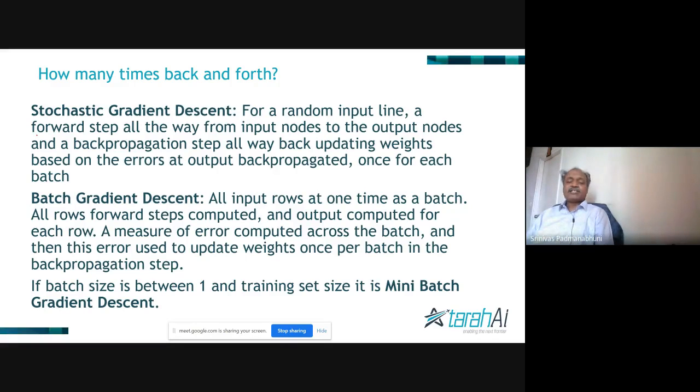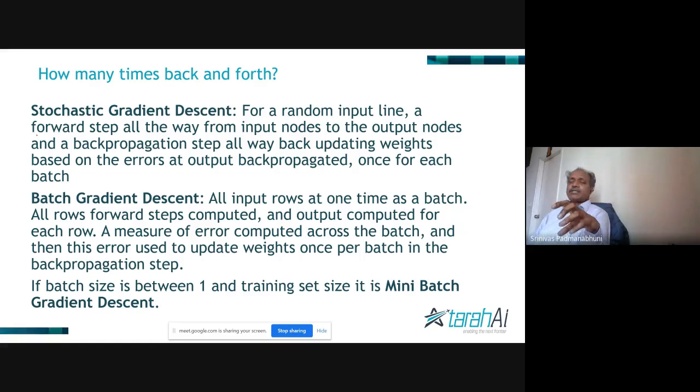Then you compute the average error across the entire input data as one batch. And then once you update the weights in the backpropagation, this is called one epoch. Then you run again one more batch through the entire input data, compute the average error, and then do one backpropagation. That is one method called batch gradient descent.